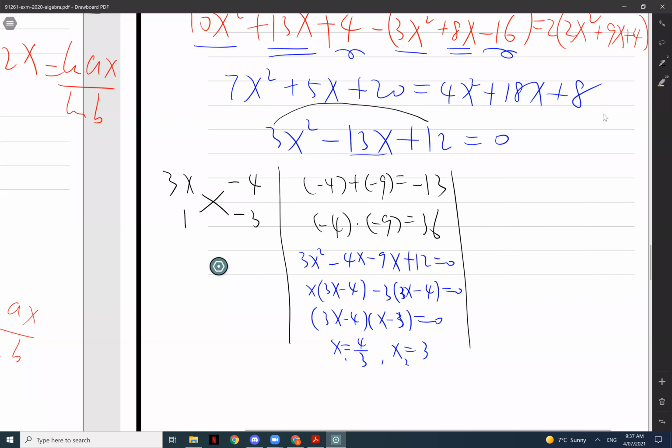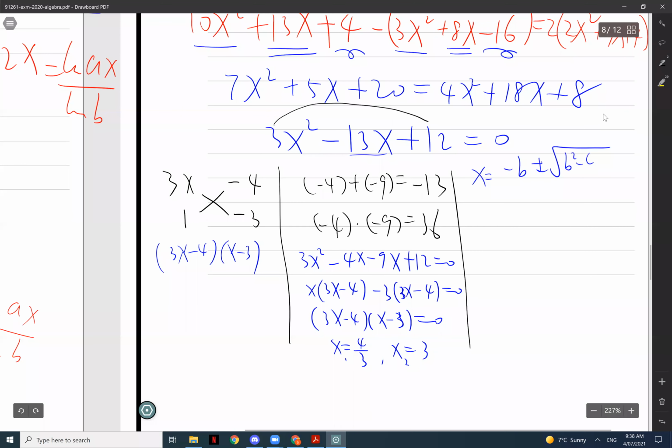If you are doing NCEA, of course you can use a calculator, but in IB sometimes you cannot use a calculator. That's why we have more methods. For example, if you really forgot or are stuck here because the numbers are annoying, you can solve this. It will be 13.